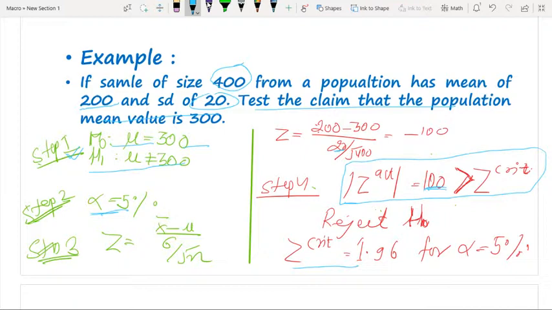Since our hypothesis test is a two-sided test and the confidence level is 95%, the critical value of Z is 1.96. Since the calculated Z is 100 in absolute value, which is greater than 1.96, we reject the claim that the population mean is 300.